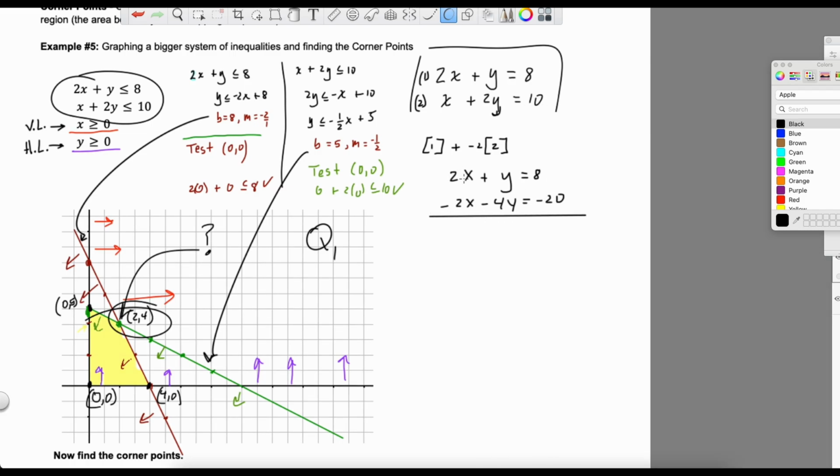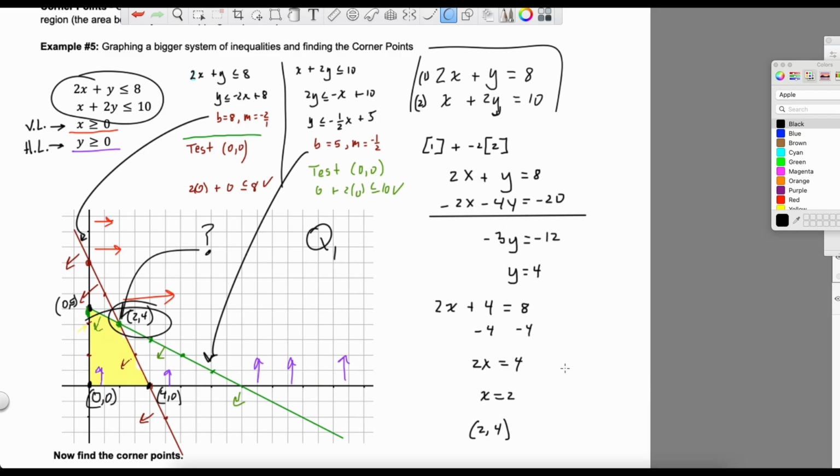Okay, so then the x's cancel, and I get negative 3y equals negative 12. So y is 4. And then I put 4 back into one of the equations. Let's put it into the first equation. 2x plus, substituting 4 in for y, equals 8. And x is 2. So 2, 4 is the solution for this system.